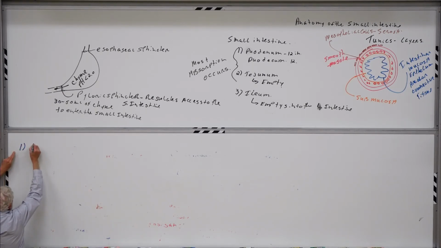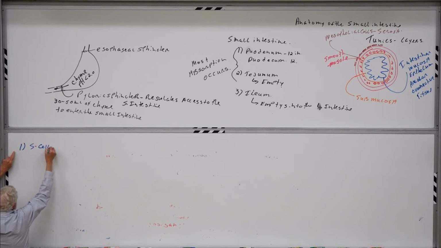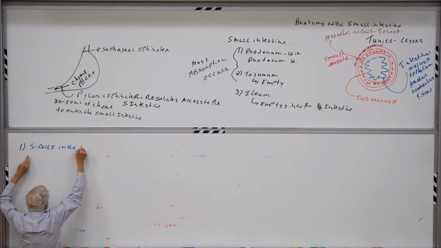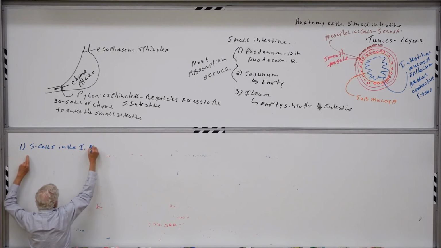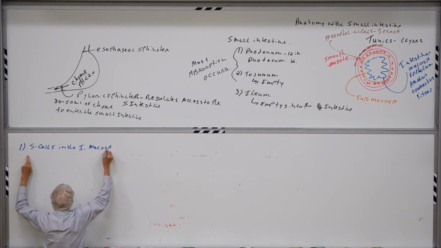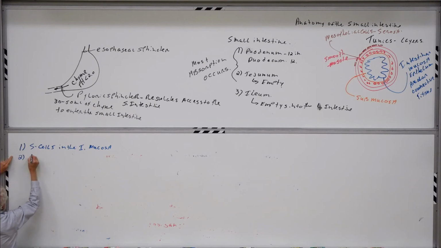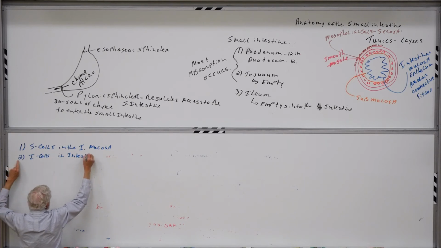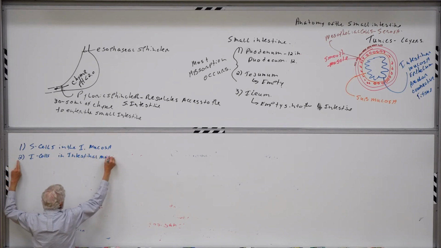First one will be S cells. So the S cells in the intestinal mucosa. There are going to be another set of cells called I cells in intestinal mucosa.